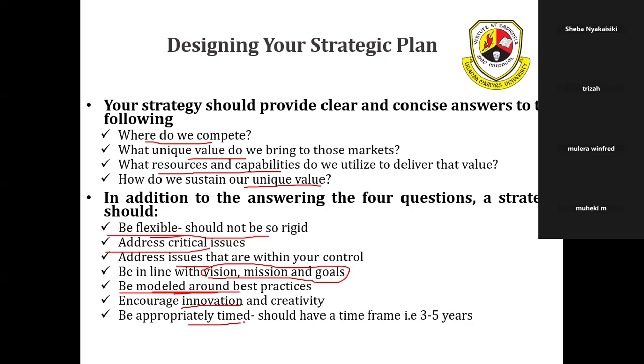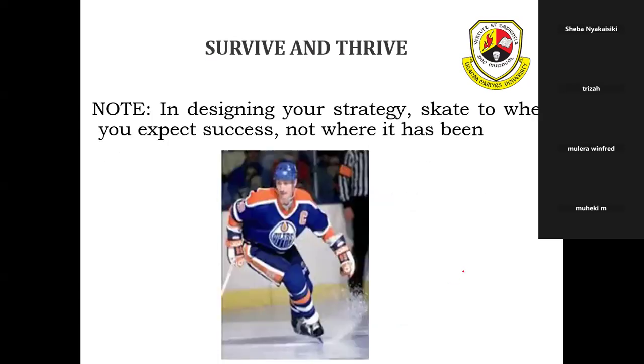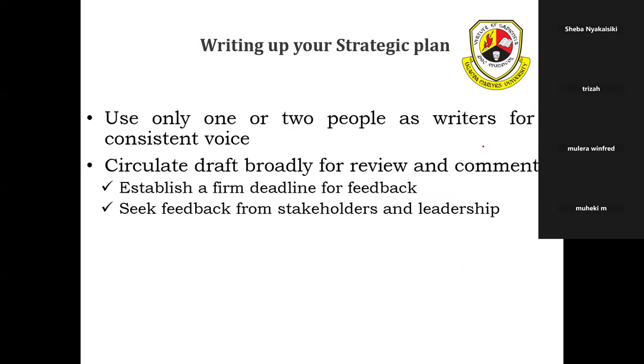Then whatever the strategic plan, it should have a time frame. So you should have your strategic plan that you know is achievable between 3 to 5 years, depending on the lifespan of your strategic plan. In designing your strategic plan, skate to where you expect success, not where it has been, where you expect to pick a new market, to experience something new that is going to gain you a competitive advantage.